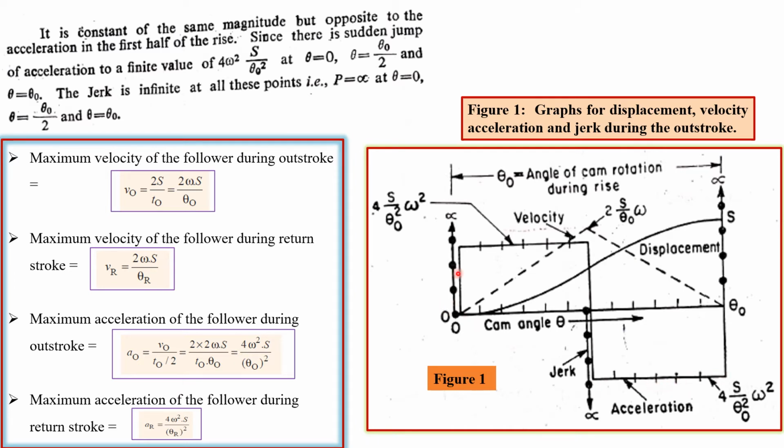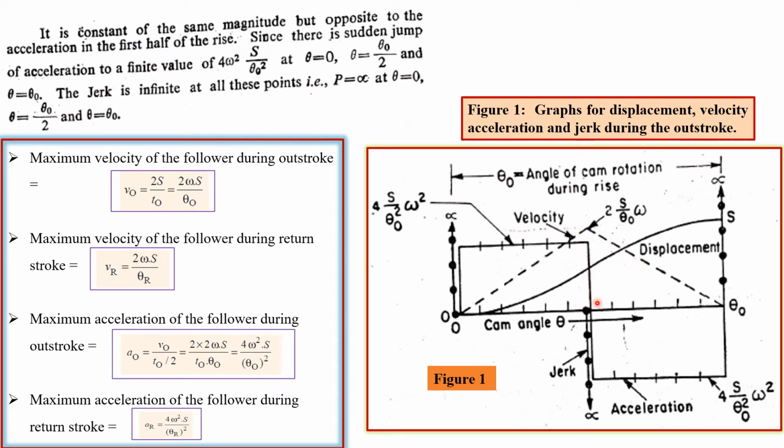But when we look at the jerk, at theta equal to 0, there is an infinite amount of jerk produced, because all of a sudden the follower gets accelerated within no time interval, within 0 time frame. It automatically gets accelerated to this value. So it basically imposes infinite amount of jerk at theta equal to 0. Then at theta equal to theta naught by 2, all of a sudden the uniform acceleration gets converted into uniform retardation.